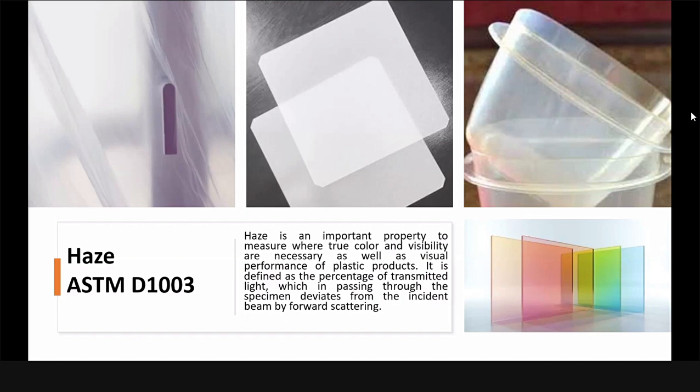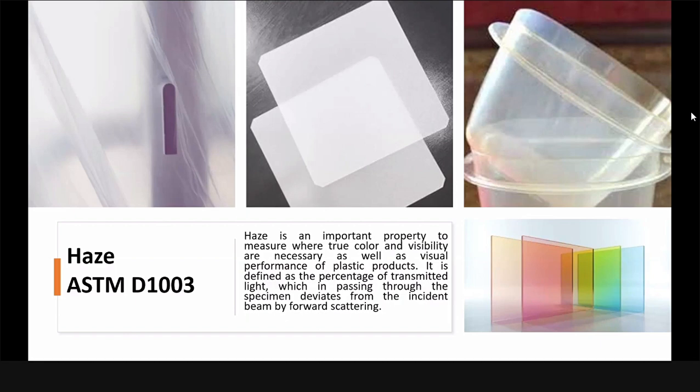Then it is a kind of diffuse and total transmission measurement, and based on that we calculate the ratio and tell how transparent this material is. That is a simple haze measurement approach. And there is a standard ASTM D1003.